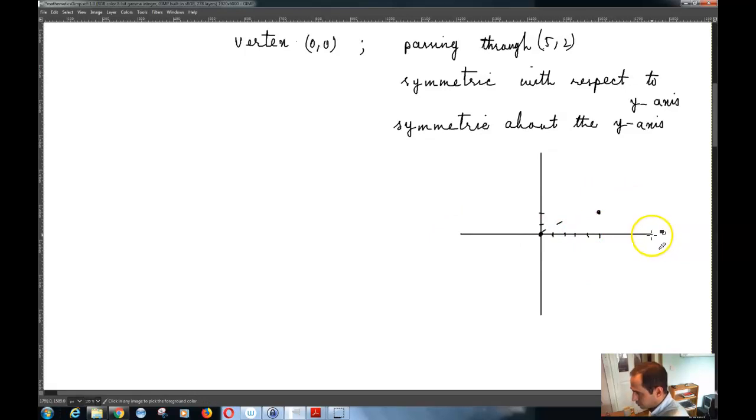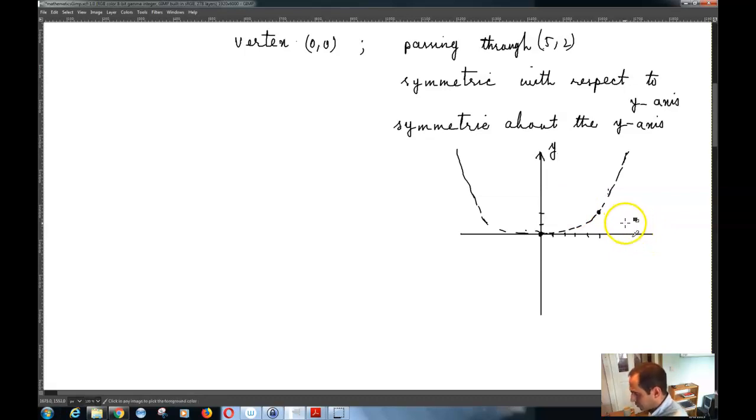So it has to be this way, and that means that your parabola is symmetric about the y-axis. As you can see, the image of every point you can find through the y-axis. For example, this point, if you come over here at the same distance, you will find another point of the parabola over here.